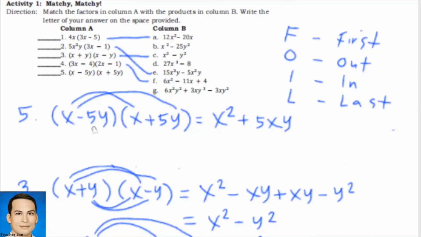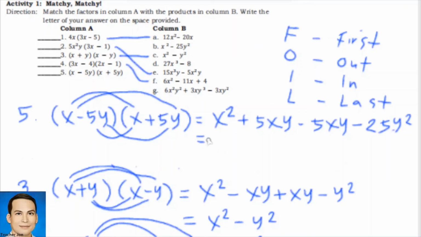Then for the inside or inner terms, the negative 5y times x is equal to negative 5xy. Arranged again in that manner. Then for the last terms, negative 5y times 5y, so that becomes negative. Then 5 times 5, we have 25, and y times y is y squared.